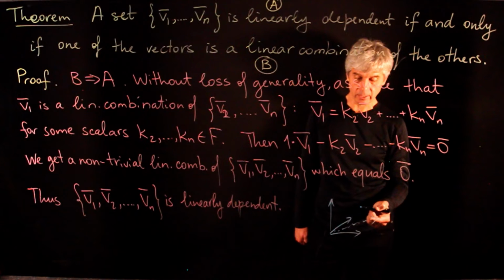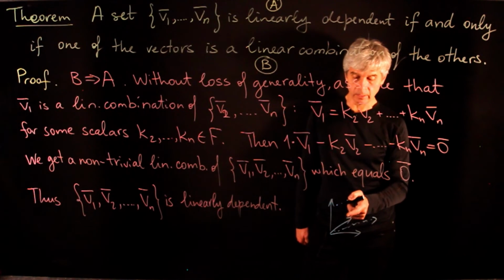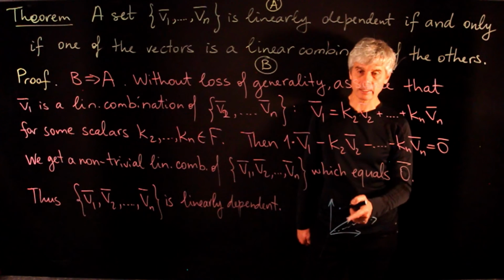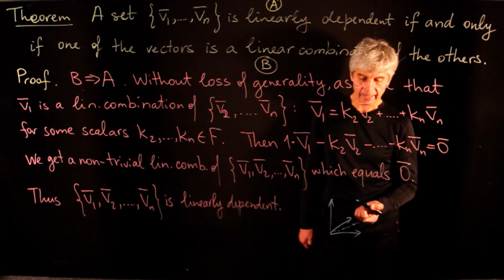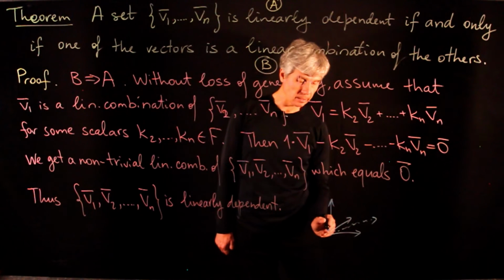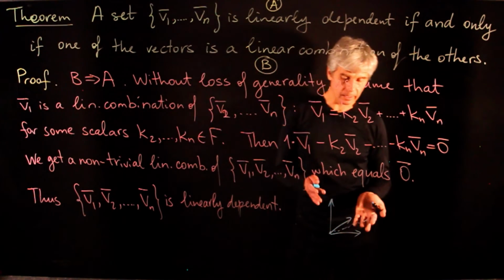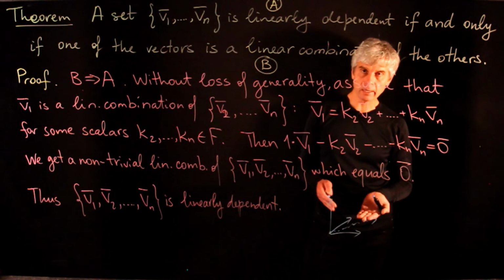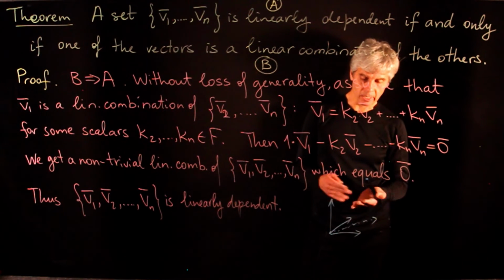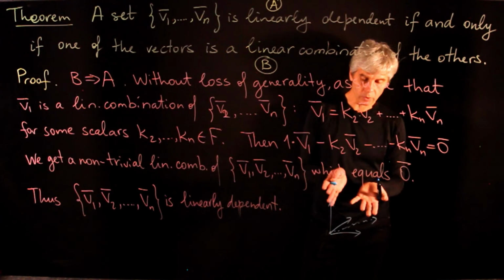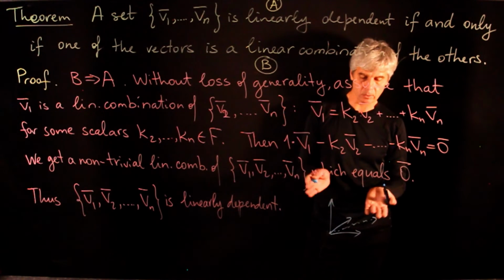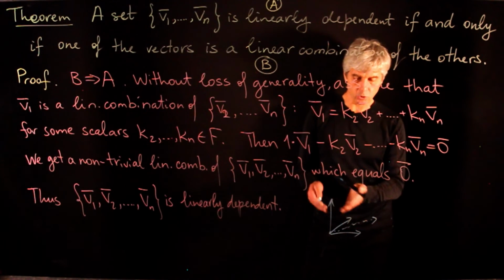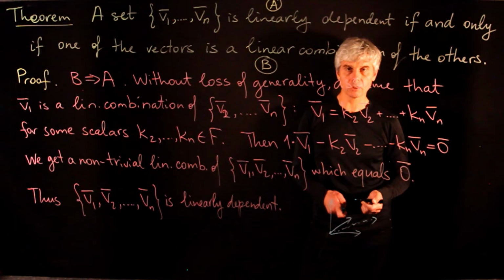So the third vector cannot lie in the same plane as the other pair of vectors. And so if we want a linearly independent set of 3 vectors, then they should not be sitting in the same plane. So they should form this tetrahedral shape.